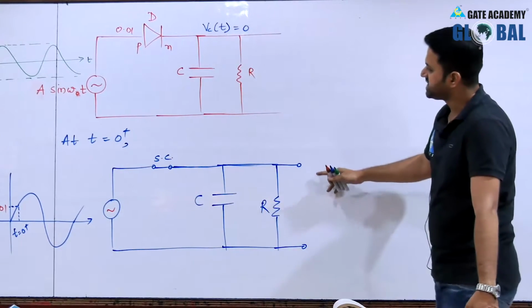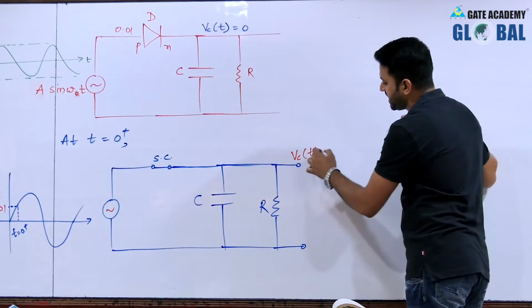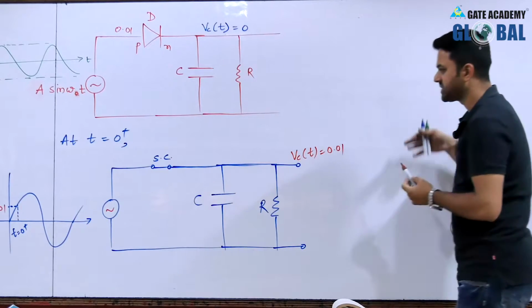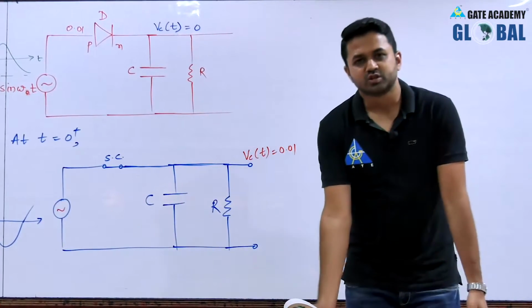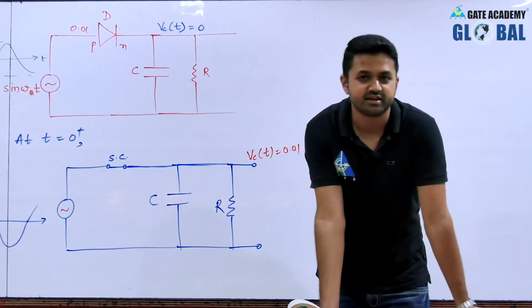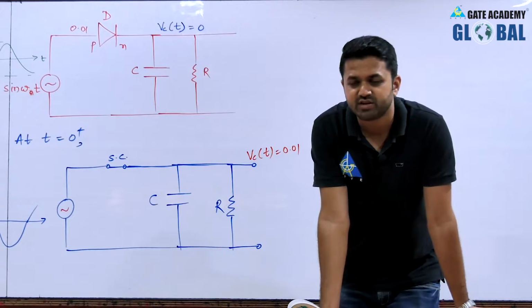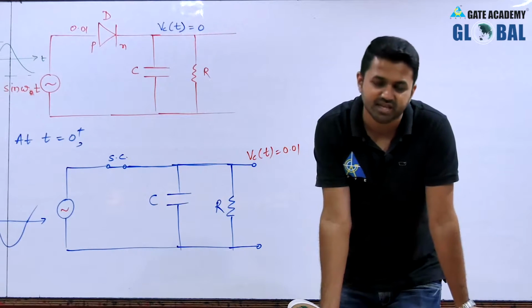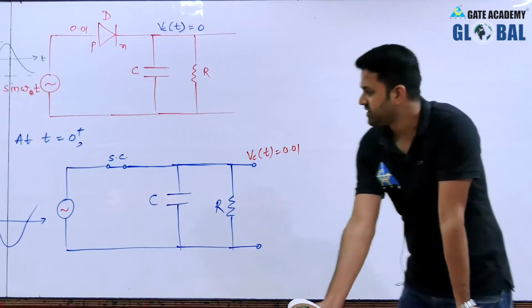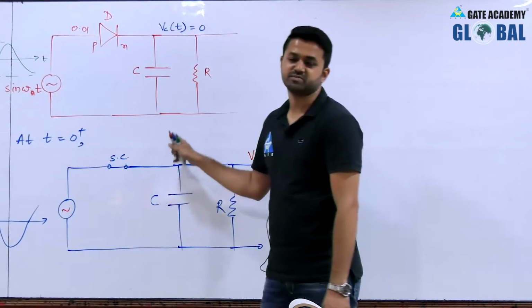So the output voltage VC(t) we get is 0.01 at that particular instant. So the output of this envelope detector, or the diode detector, will remain the same as the input until a potential difference comes between these two.